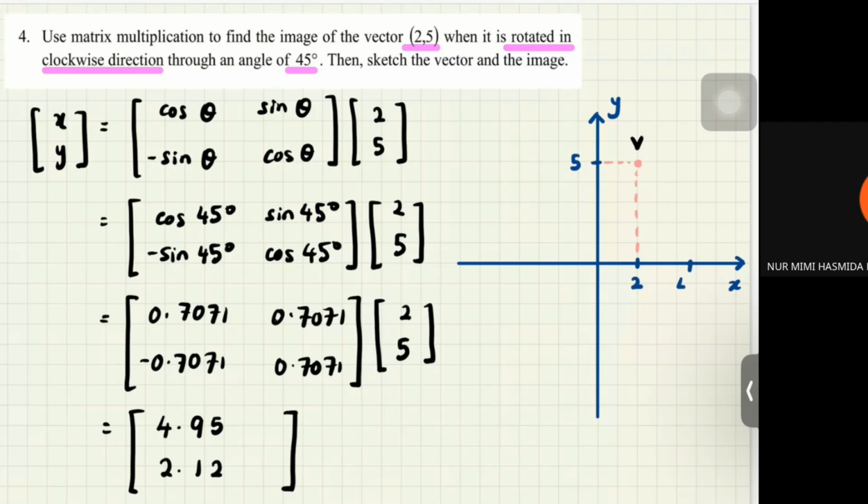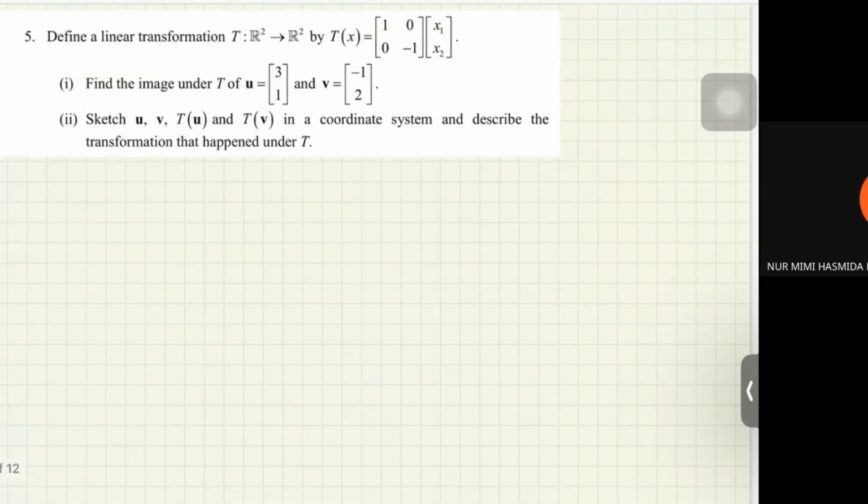Just assume the nearest value, 4.95 and 2.12. Okay, so this is the image V prime. Or if you want to add the decimals, you can also do that. Okay. Let's move to question number 5.